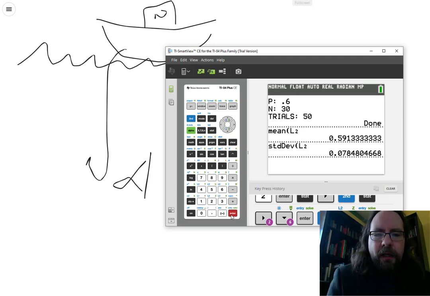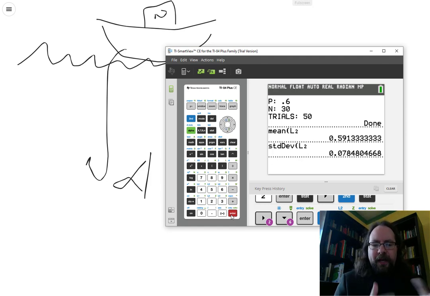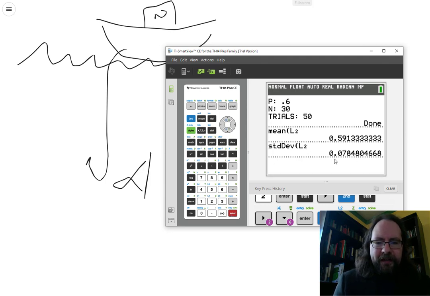If I thought of it like a normal curve, although I don't really know at this point if it is a normal curve, we'll talk about that in a bit, that means about 68% of all of my proportions should fall within 8% of 60%. So from about 52 to 68 should be most of the proportions that we found.